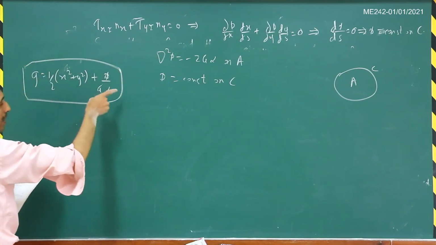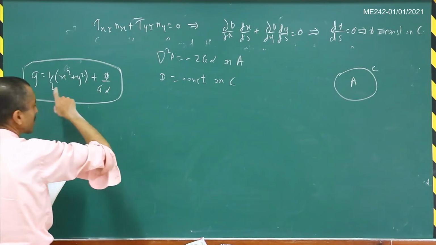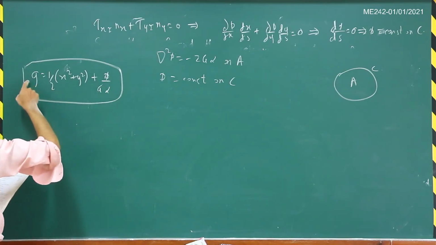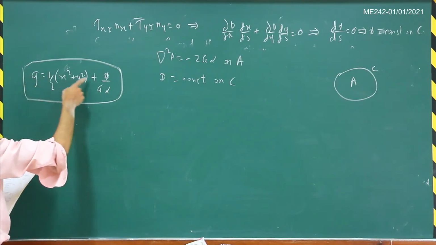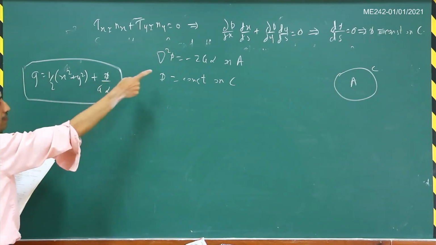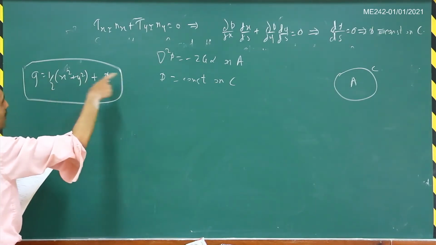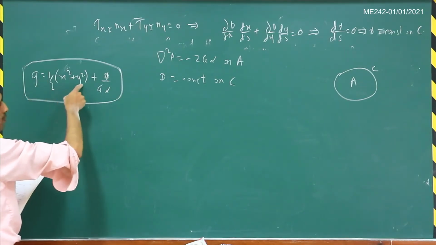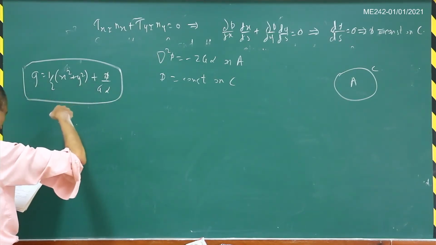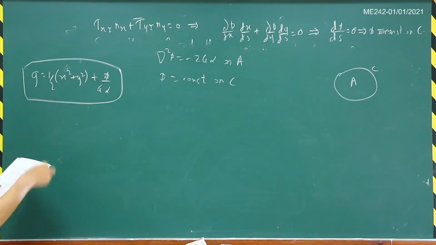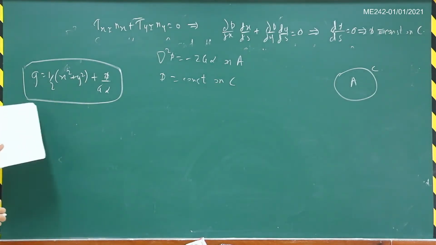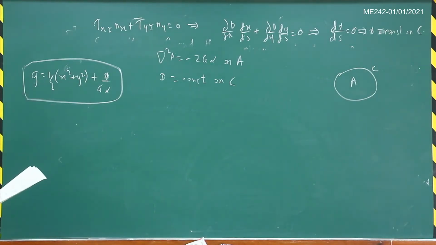You can directly verify that del square g is equal to 0 because del square phi is minus 2G alpha. And you can see that phi is 0 on the boundary, right? So you will get g equal to half of x square plus y square on the boundary here. So from this you can directly see that this particular relation between the two functions g and phi is satisfied.